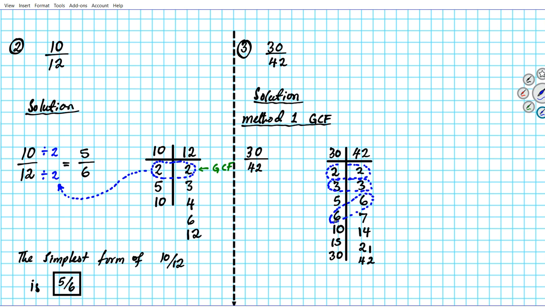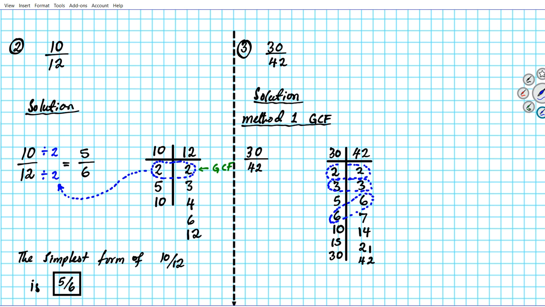Ladies and gentlemen, when we use the greatest common factor to reduce, then we're done, basically. If we use other factors other than the greatest common factor, then we still have to keep making sure that every other factor or the repetition of a particular factor is completely taken out first before we're done.